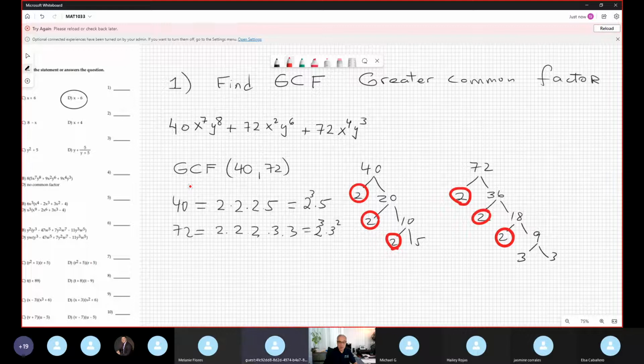And unfortunately, 40 contains an extra 5, and 72 has no 5, no common. 72 has 3s, but 40 has no 3. So the only common is three 2s, but you multiply it because it's factors. 2 times 2 is 4, times 2 is 8. So the greatest common factor between 40 and 72 is obviously 8. Yes or no?